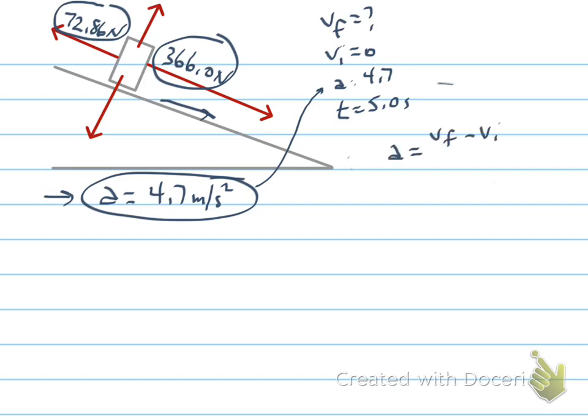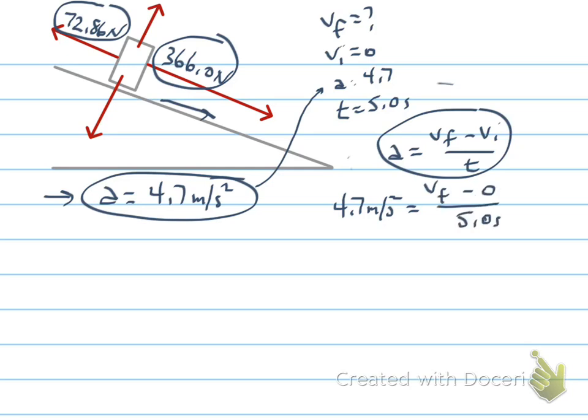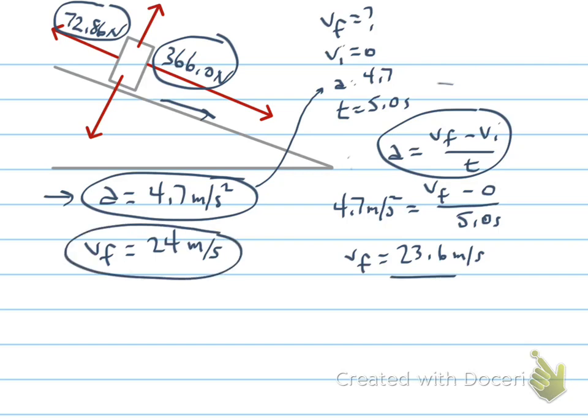It would be our bottom left equation, which is just the basic acceleration equation written right here. We plug in the initial velocity, time, and acceleration and solve for the final velocity. When we do that, we come up with 23.6 meters per second. Rounding off for sig figs again, we get 24 meters per second.